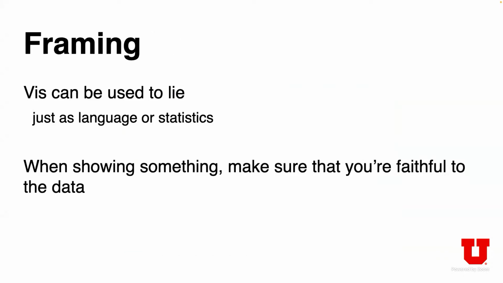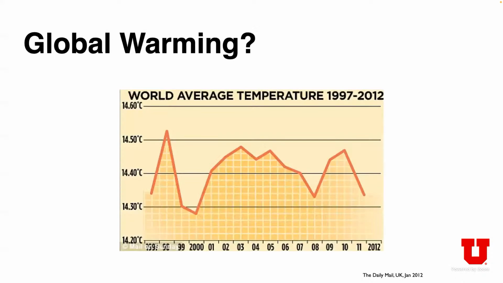Yes, so like this video said, visualizations can be used to lie, but it depends on the framing and what's being shown. But the very baseline is be faithful to the data. That will get you a long way. But like in their example of the tax cuts, the amount of data you show also matters in terms of what you see in the chart.